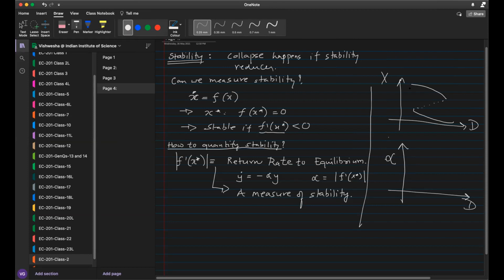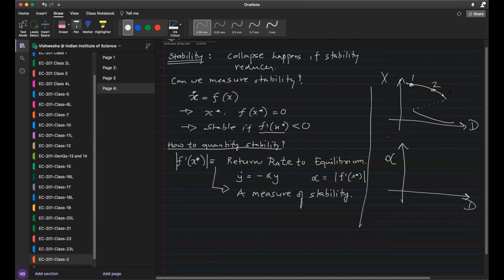Any guess? So here, do you think the system is more stable here or more stable here? Where do you think it's more stable? On the first point. How about between these two?